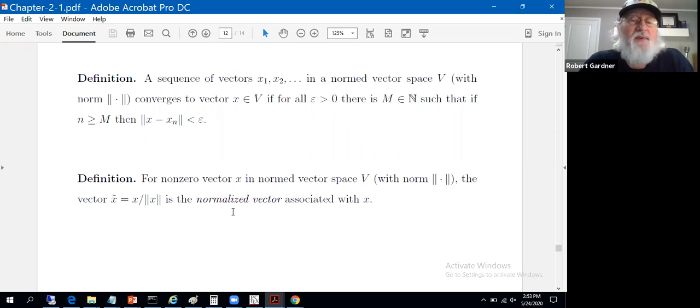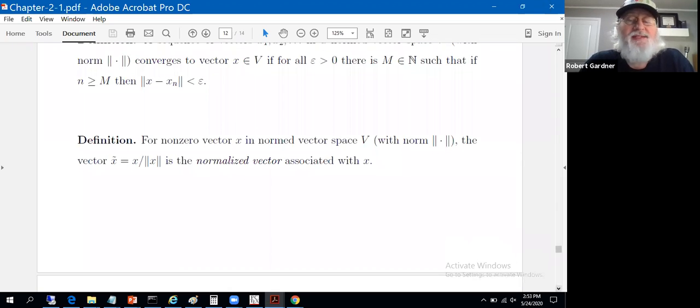We can normalize vectors. In fact, when we dealt with that C tilde thing, we had a normalized vector X. So formally, this is what normalizing a vector is. You're familiar with this from sophomore linear algebra. You use it a bunch in the Gram-Schmidt process, looking for orthonormal bases.